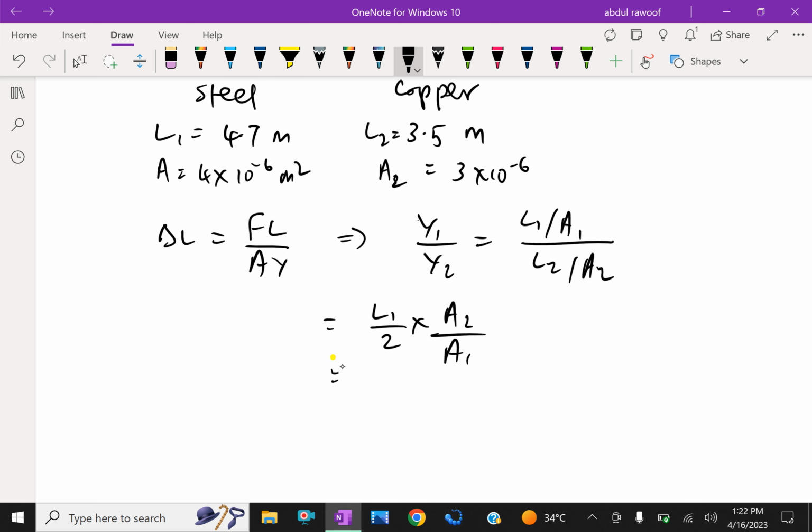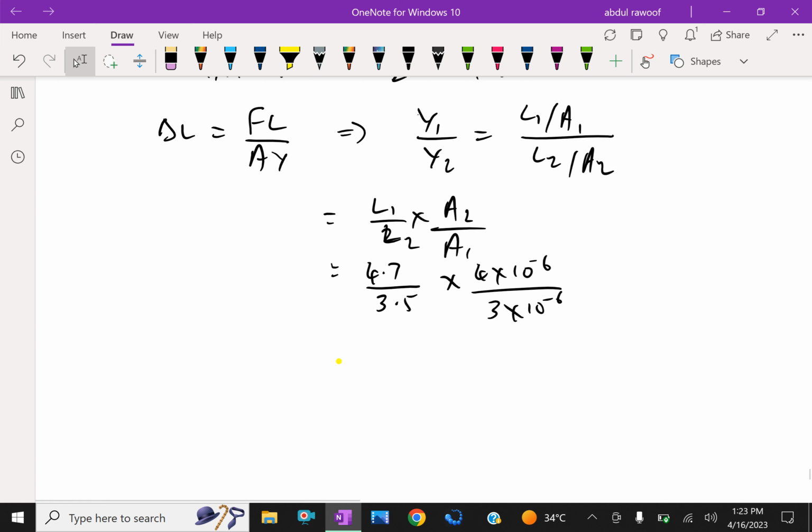So, length L1 is 4.7, L2 is 3.5, into cross-sectional area A1 is 4 into 10 power minus 6 over A2 is 3 into 10 power minus 6. By simplification, we get 1.8. Therefore, ratio of the Young's modulus of steel to brass is 1.8.